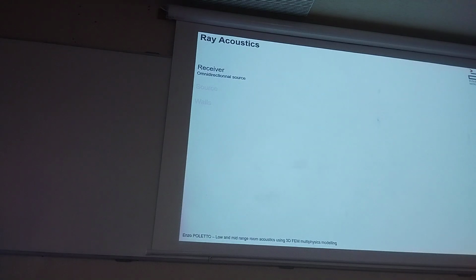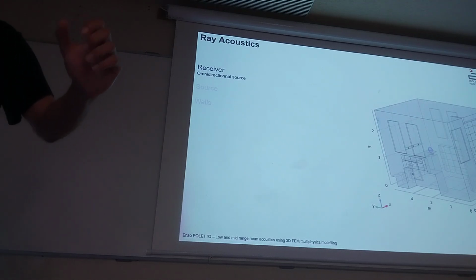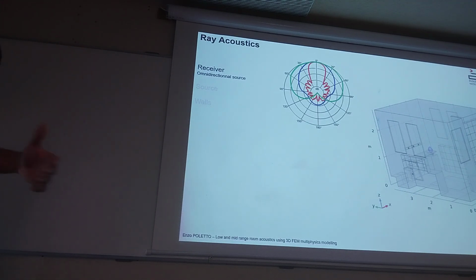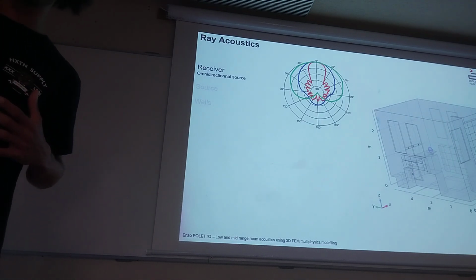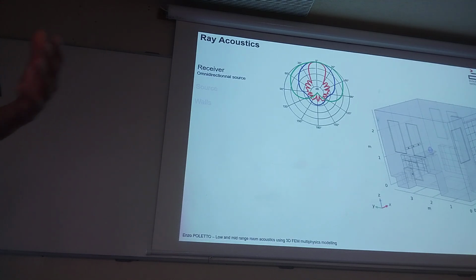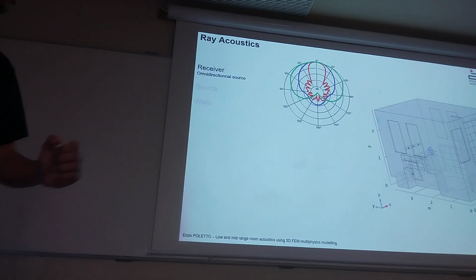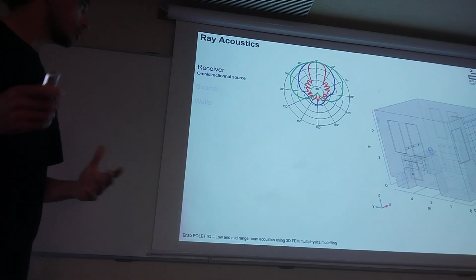So in ray acoustics, the 3 most important parameters are the receiver, so the virtual microphone, the source, and also the walls, whether they do specular reflection, if you remember, or if they are diffusive, or if they are absorptive. So the receiver, in reality, has a polar pattern, like any microphone, either cardioid or whatever.